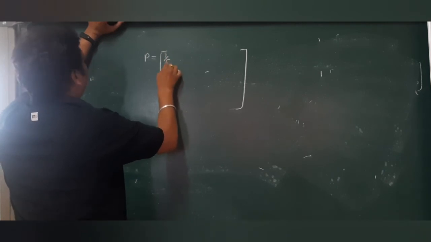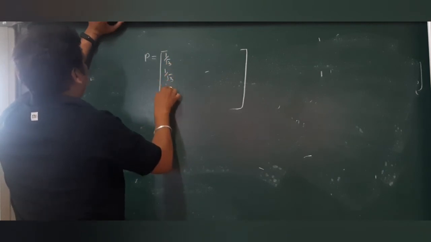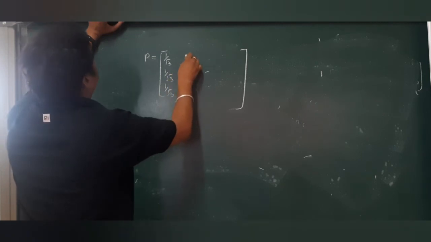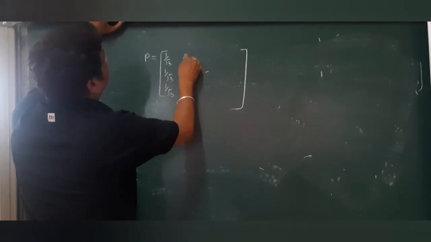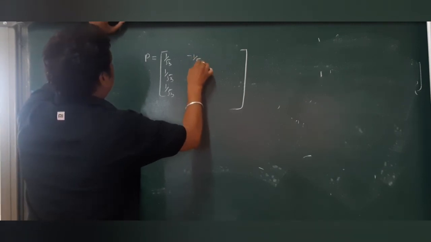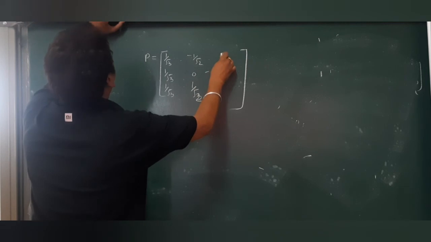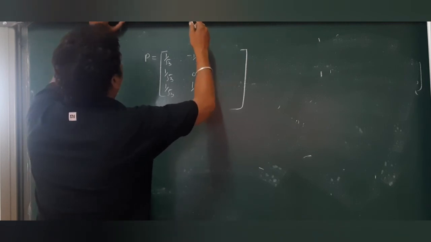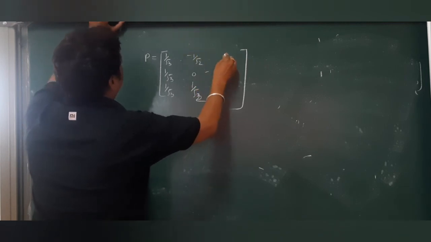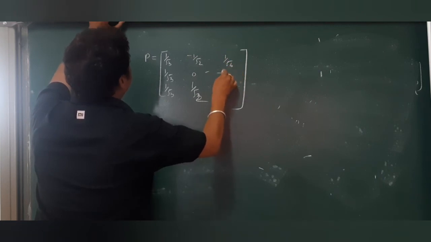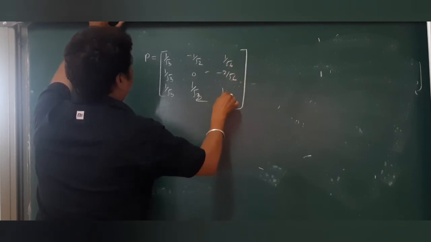So 1 by root 3, 1 by root 3, 1 by root 3. What is x2? The norm is root 2. So minus 1 by root 2, 0, 1 by root 2. What is x3? 1, 4, 1 is 6. 1 by root 6, minus 2 by root 6, 1 by root 6.